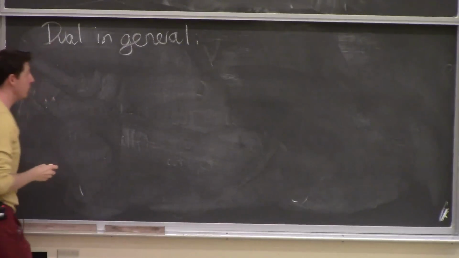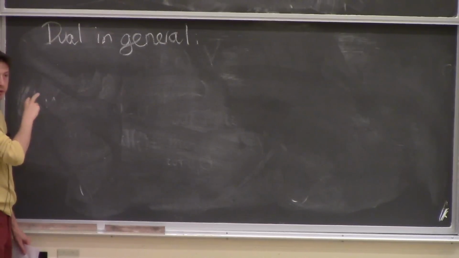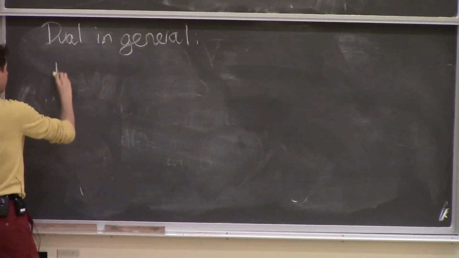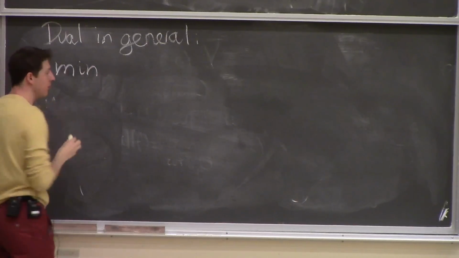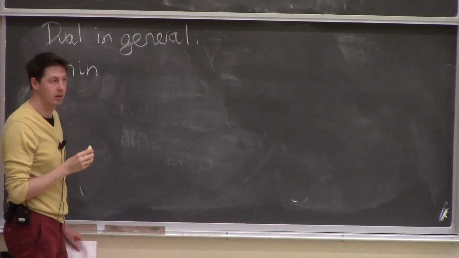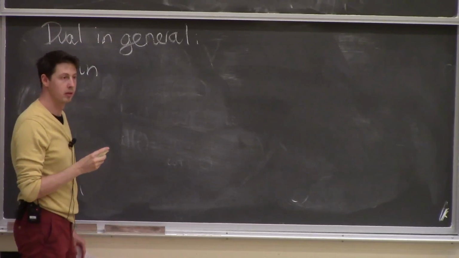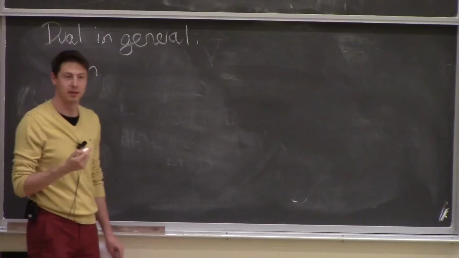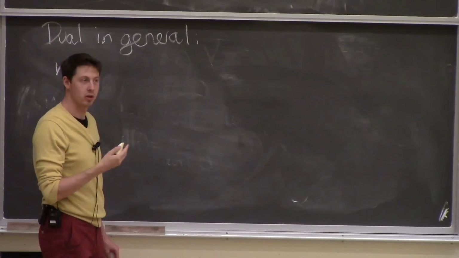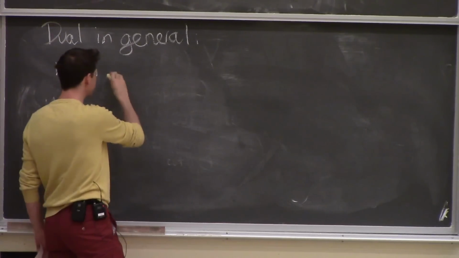All right, so let's try to write the dual. So do I maximize or minimize? Minimize, okay. What do I minimize? You're pointing at things, but you should speak. What's the objective function?